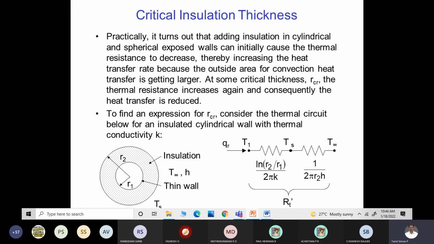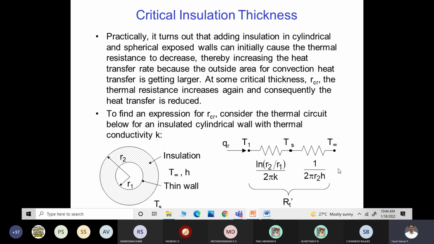Now, suppose we increase the thickness, the outside area for convection heat transfer is getting larger. So for the area, we know that the resistance is 1 by 2 pi R2 h. If we keep on increasing the thickness of insulation, then this radius R2 also keeps on increasing, right?